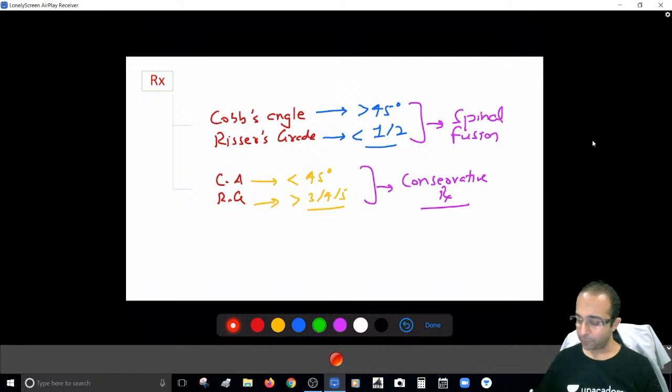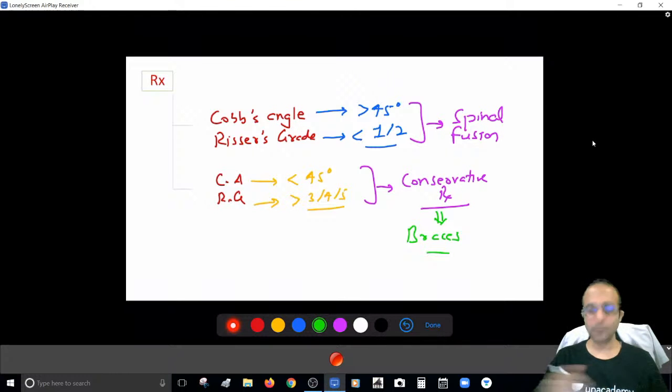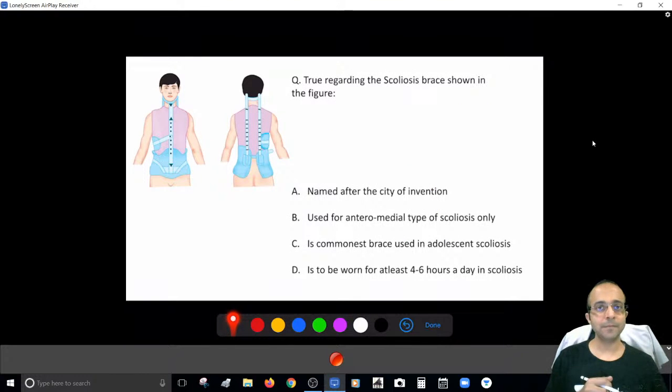And conservative treatment here basically means braces. We have some special braces available for people with scoliosis that help to tackle the progression of the deformity. So I hope you are pretty much clear with how to decide treatment in scoliosis, when to use the braces and when to use the surgery.